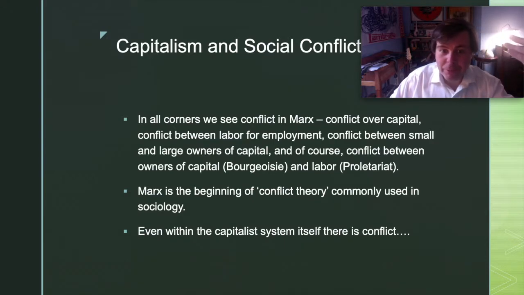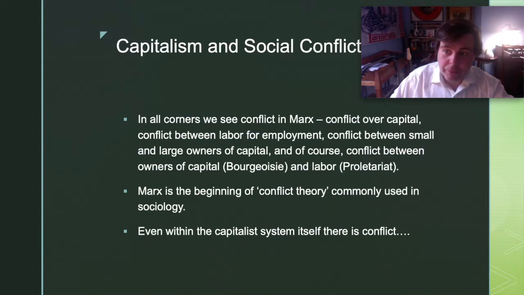There's conflict between labor for employment. So labor's fighting with other laborers for existing employment. Conflict between small and large owners of capital, as large owners of capital extract surplus value from small owners of capital, and then, of course, earn higher profits. Conflict between owners of capital in general, the bourgeoisie, and labor, the proletariat. So in all corners of society, we have conflict between different groups.